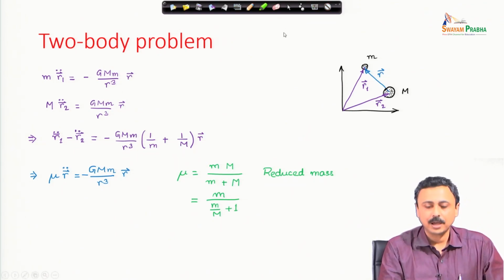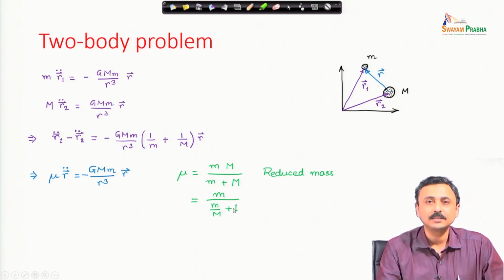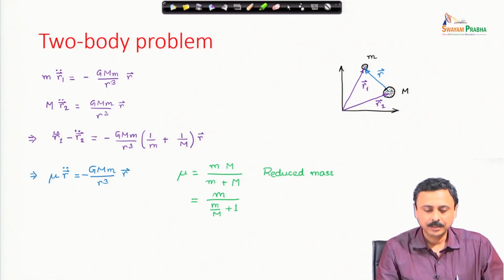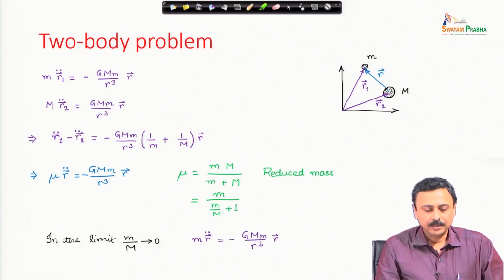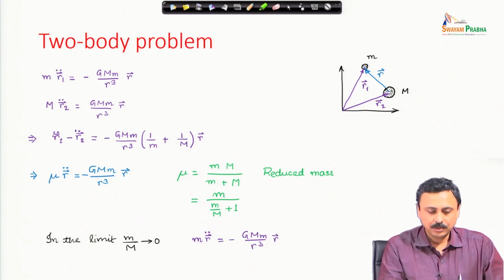Now, I can recast the reduced mass in this form, small m by the ratio of small m to capital M plus 1. Therefore, in the limit when small m by capital M goes to 0, what happens?